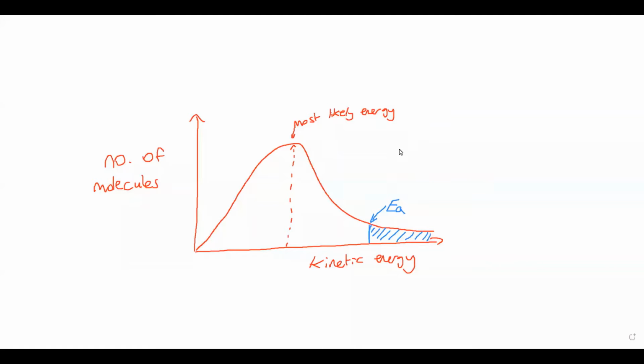So this is a Maxwell Boltzmann distribution. In this Maxwell Boltzmann distribution, we are shown the likelihood that a molecule will have a certain amount of energy at a certain temperature.